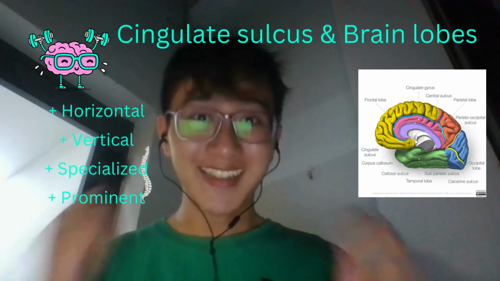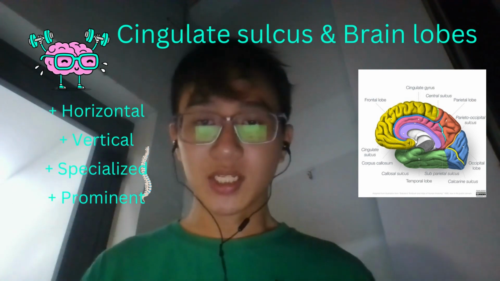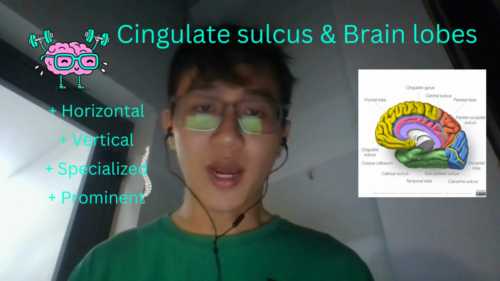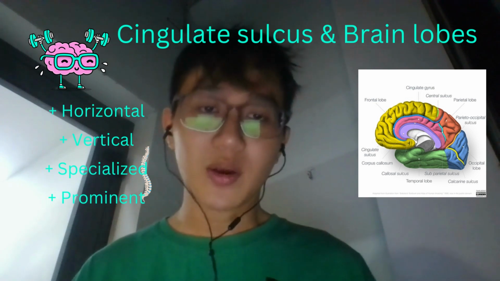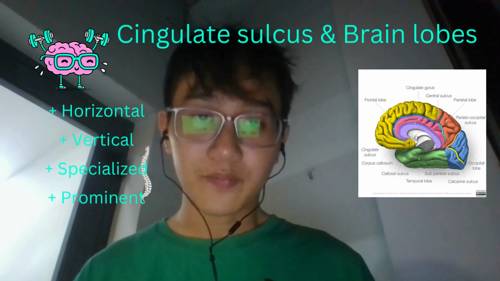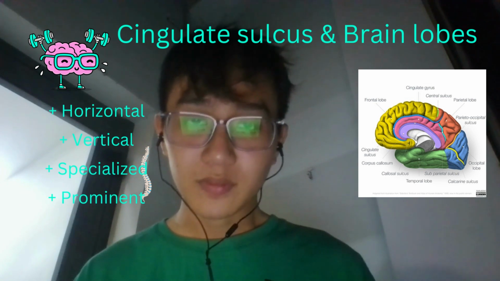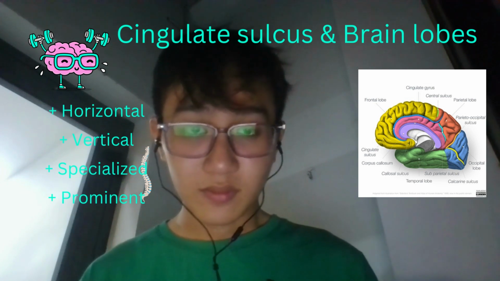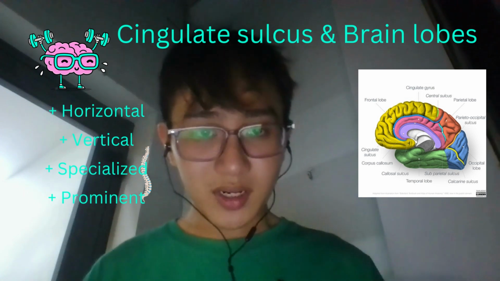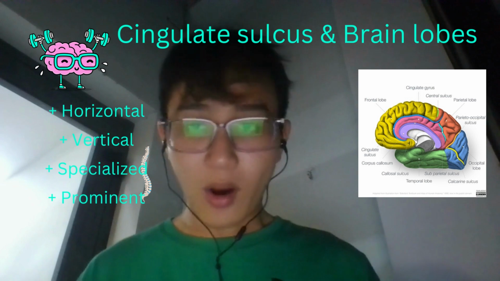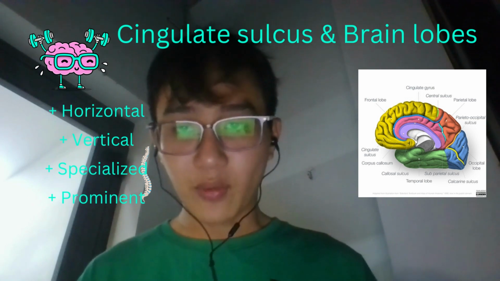The cingulate sulcus is a brain fold on the cingulate cortex in the medial wall of the cerebral cortex.